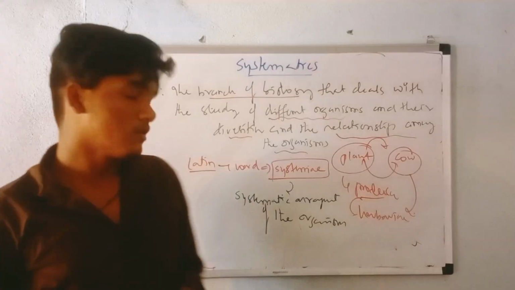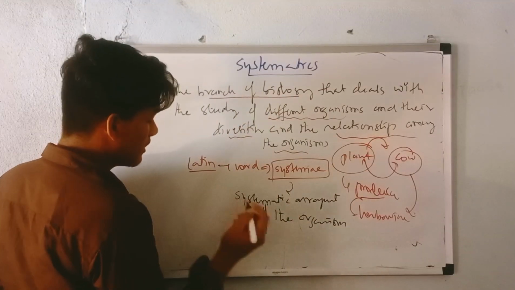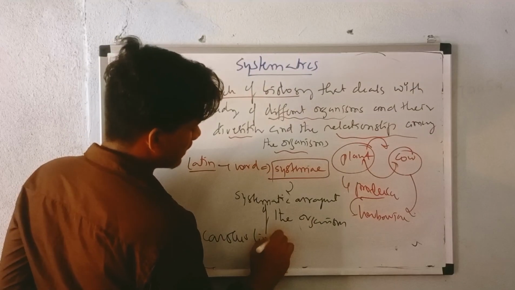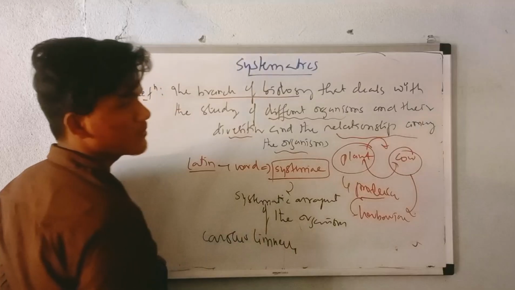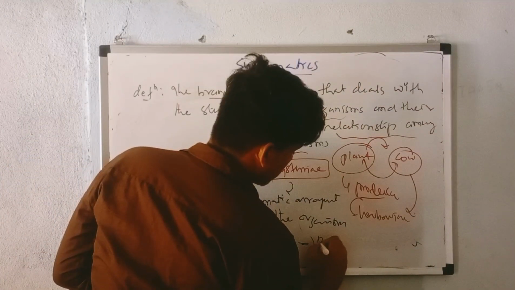And one more thing, the first scientist who used the term systematics or systema is Carolus Linnaeus. Carolus Linnaeus is the first scientist who used the term systema, as his publication title.